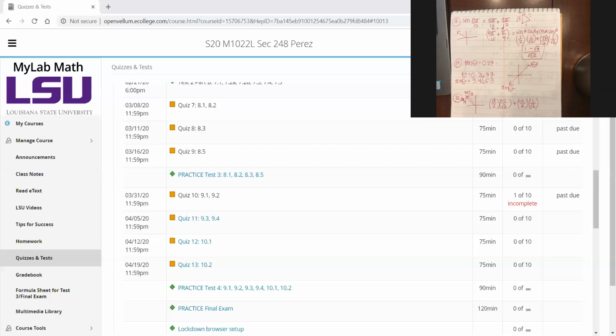And then multiply it all out, we get negative square root of 3 minus 1 over 2 square root of 2.